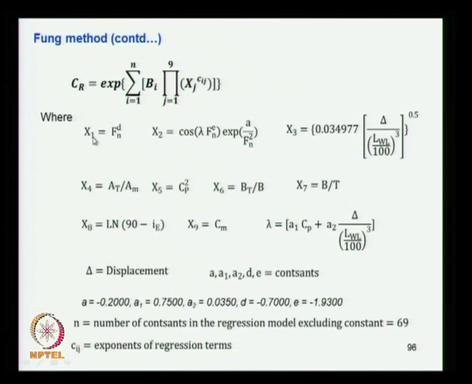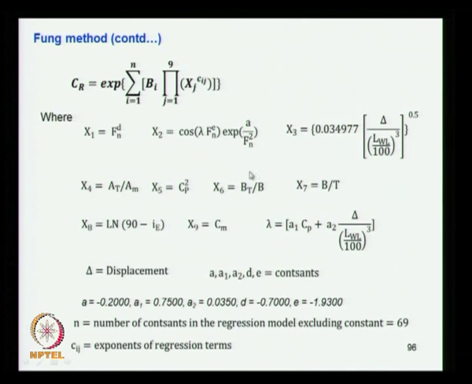See how these are represented. x1 is equal to Froude number raised to d, x2 is given by cosine of lambda into Froude number raised to e, exponential a by Fn square, x3 is given by this formula, this is the mass displacement of the ship. x4 is the area of the transom, that is the submerged area of the transom divided by the area of the midship section underwater, then x5 is the prismatic coefficient squared, x6 is the breadth of the transom at the waterline, and B is the breadth of the ship.